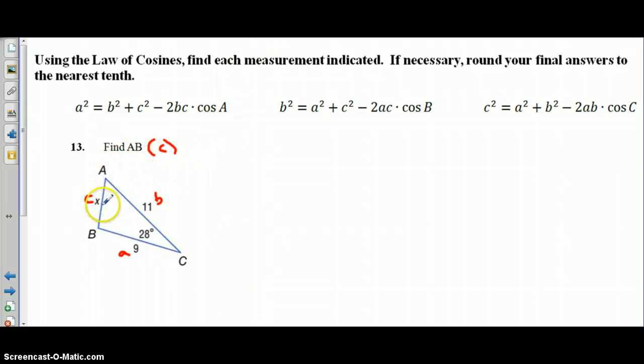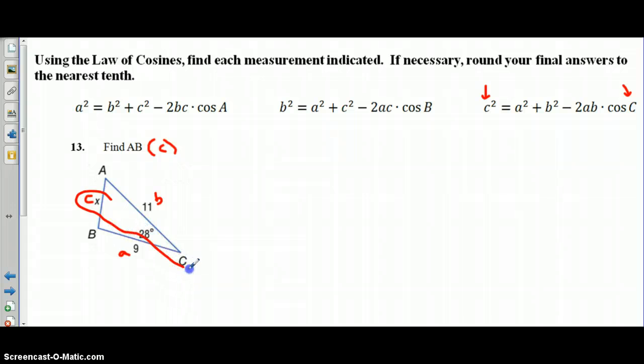Because we're being asked to find little c, we're going to use the equation with c squared, because our unknowns are going to be either the side or the angle of the side-angle pair that we are provided.